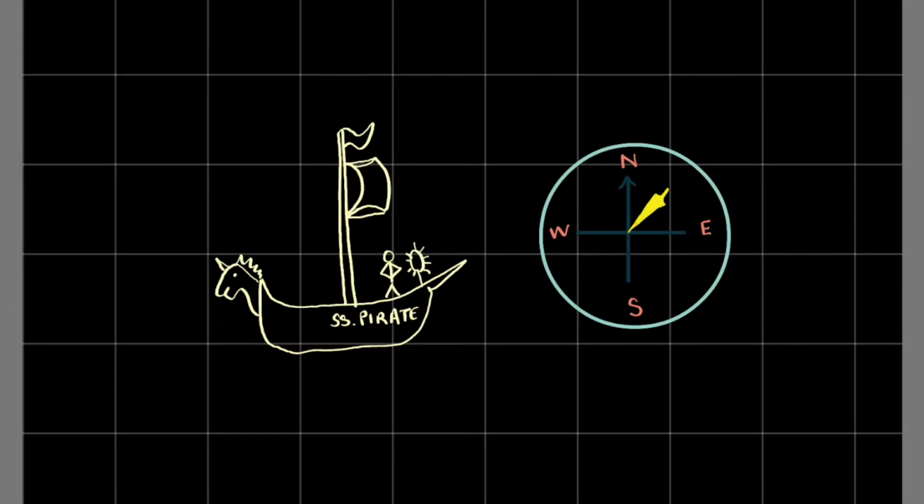So what do you call this? This is called a compass, right? And what does a compass tell us? It tells us the direction. North, south, east, and west. These are the four directions that we conventionally consider while navigating to some point.